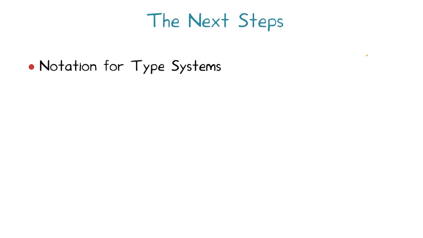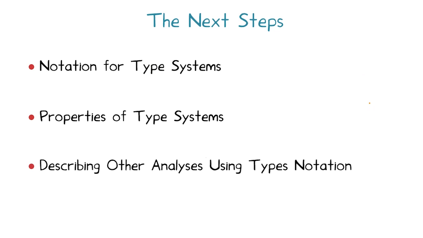In the next several slides, we will provide the notation for type systems, which consists of a set of rules that can be used to check that a given program has a given type. Later on in the lesson, we will discuss important properties of type systems, including how to infer the type automatically for a given program. Finally, we will see how to use the notation of types to describe other static analyses.